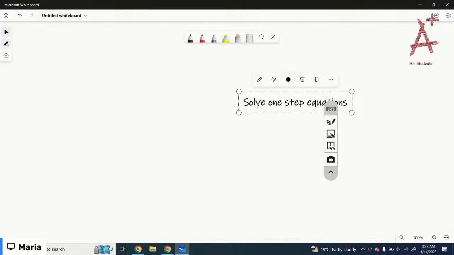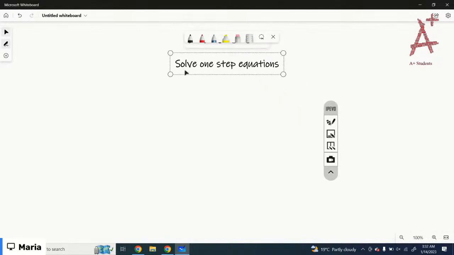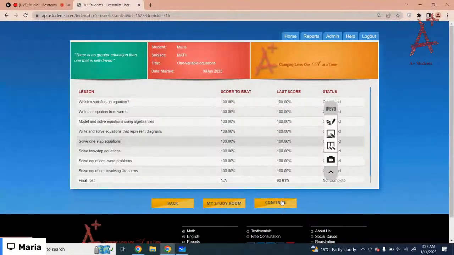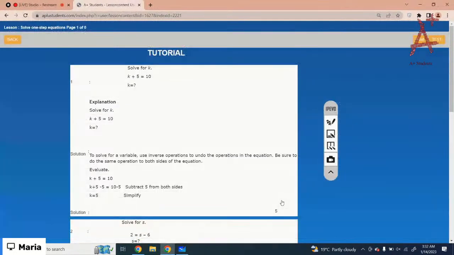Okay, here I'm on the next lesson, that is solve one step equations. So just start with the lesson.